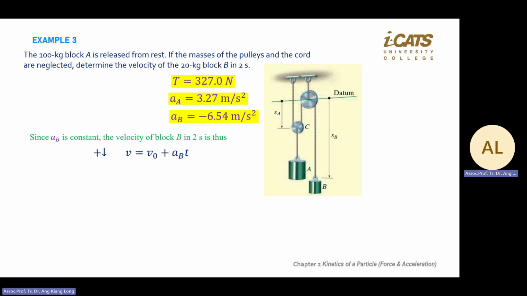Since the question asks you about B, you modify the equation a bit, change the subscript for acceleration to B, and you get the velocity. Velocity is minus because the direction is up, because you assume all directions go down positive. So again, in dynamics, getting negative means the direction is opposite of what you assume.